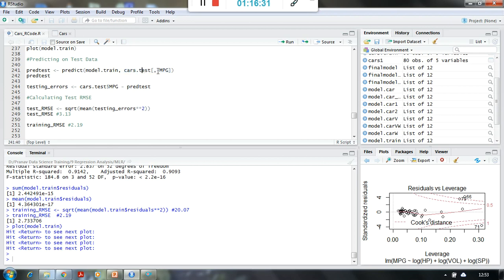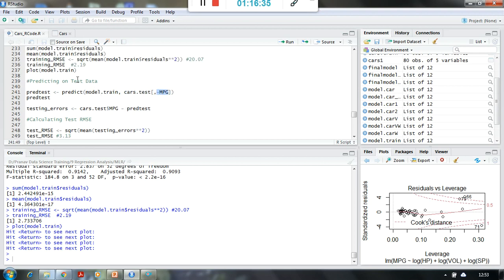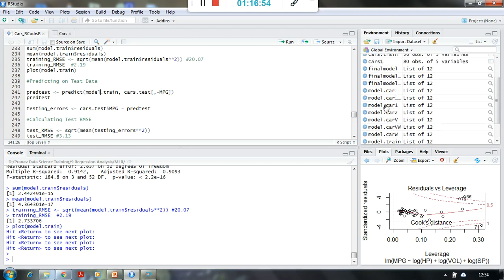And minus MPG I have written just to make you understand that this is not mandatory, but whenever I pass this test data to my model, it is automatically taken that MPG is the output variable from this test data itself.